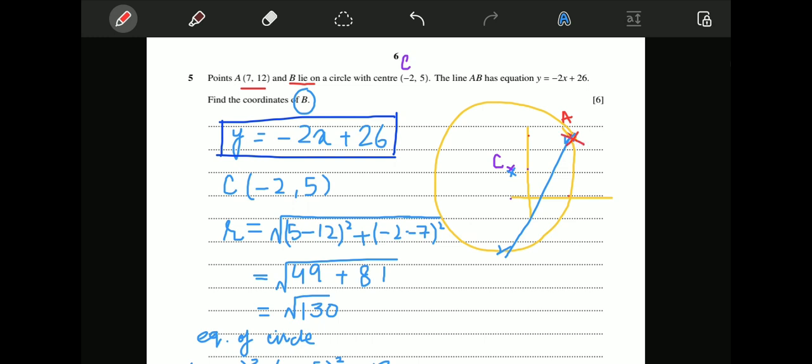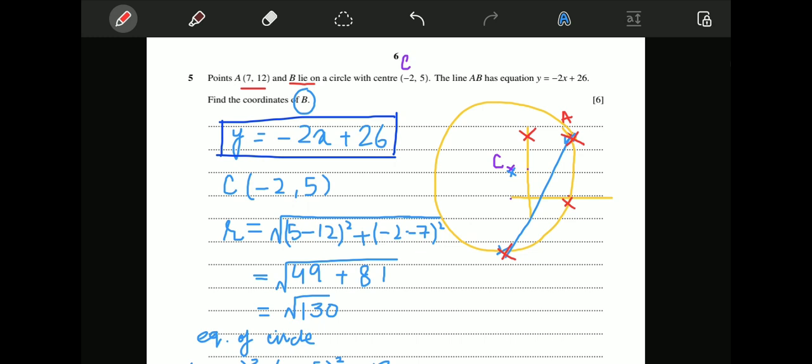In questions like these of circles, it is better to just sketch a diagram that is a little bit close to the actual one. See, A point is 7 and 12, so 7 is somewhere here and 12 is somewhere here. Then B we don't know obviously, so we'll just think of it anywhere.